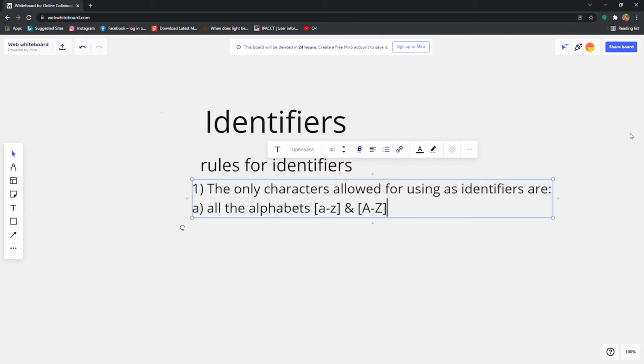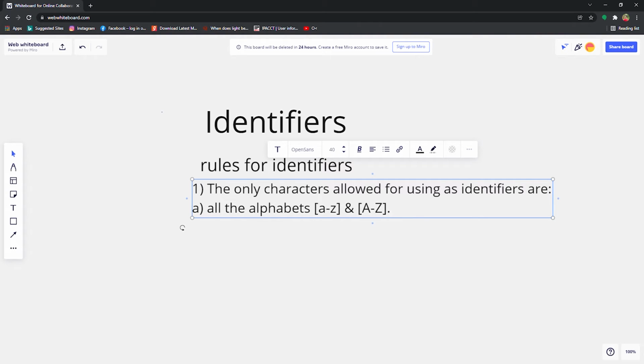Now, you may be asking why I have written this twice, once in small and once in capital. See guys, this small a and this capital A are not the same because Java is a case sensitive language. Now, what is case sensitive?